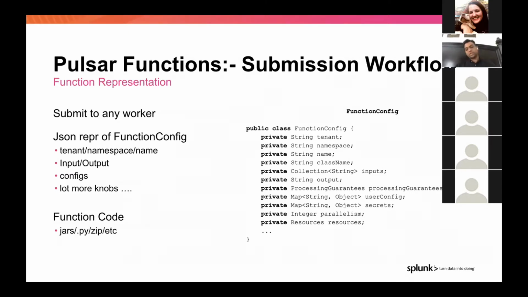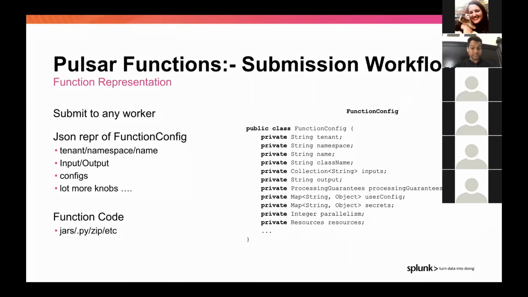The key structure when you are submitting a function is what's called a function config. This is where you say what your function is all about. The key thing you're saying is that my function stays in a particular tenant and namespace. Just like a topic, a function stays in a particular tenant and namespace. So it has a tenant, namespace, and a name. And then you're saying my function has this particular class name, it takes a bunch of inputs, it has an output, and you can supply a bunch of user config.